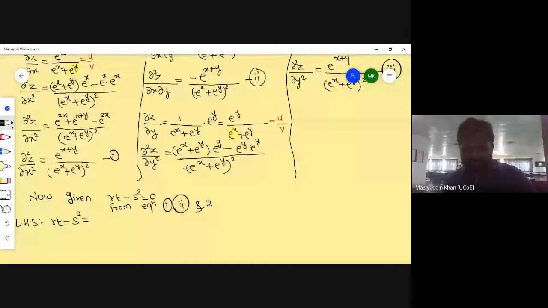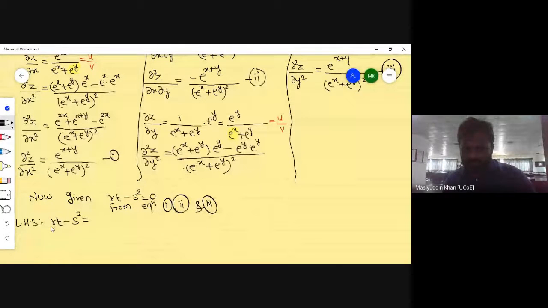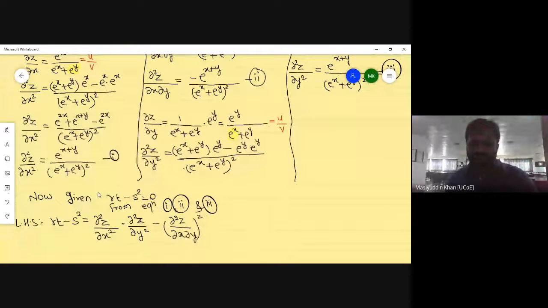We will get RT minus S square, where R means dou square Z by dou X square into T means dou square Z by dou Y square, minus dou square Z upon dou X dou Y raised to power 2, because it is S square. So we have to simplify this part by substituting the values.